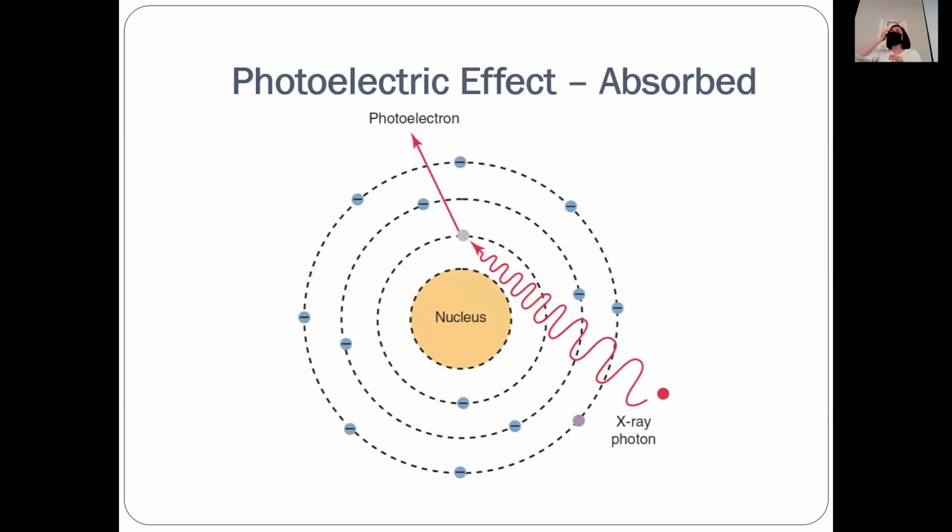And here's an image of photoelectric effect. The X-ray photon comes in and it's totally absorbed by this K-shell electron. And then that's it. That's all the lifespan that it has. That's all it will do, just be absorbed by that electron.